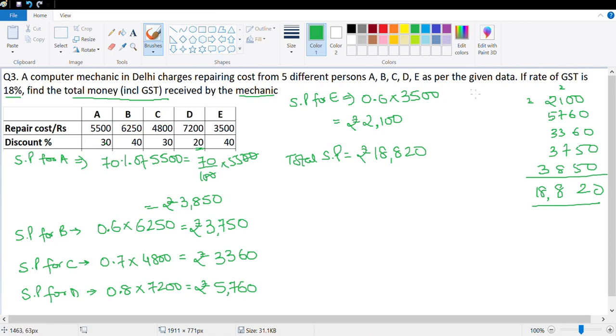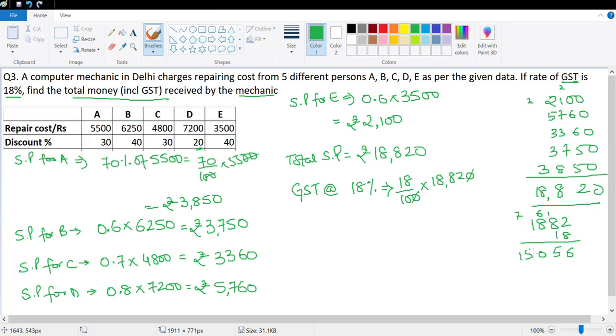So total SP is rupees 18,820. Since there is no breakup of CGST and SGST asked in the question, they just want the total money. So I can calculate GST at the rate of 18% directly. I don't need to give a breakup. So this would be equal to 18 upon 100 into 18,820. So that's 1882 multiplied with 18. 8 into 2, 16. 64 plus 1, 65. 64 plus 6, 70.